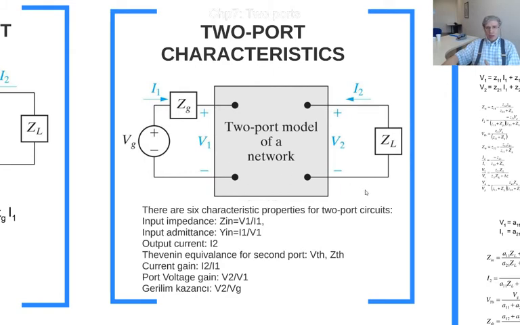Also, the impedance that you see from this second port, which is the ZTH value here, is also critical. You want to have that impedance as small as possible. Why is that? Because that means most of the power goes to your load.